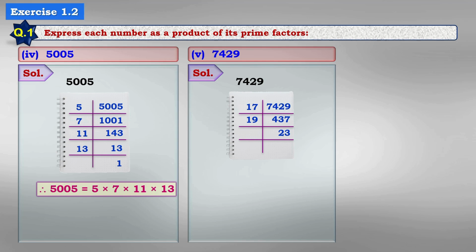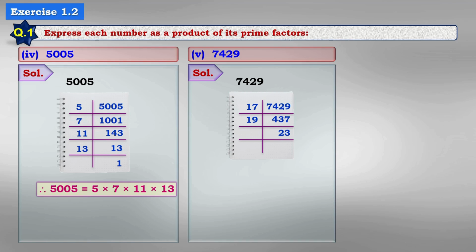But for 1001, 143 is also easy, because you know that it will be easily divisible by 11. To find this, you can always apply the divisibility rules first. I think you have learned the divisibility rules in the earlier grades, like divisible by 2, divisible by 3. 3 we can easily check: if we add the digits of the number and that sum is divisible by 3, then the number is divisible by 3.